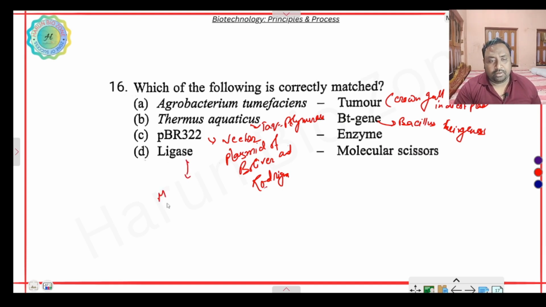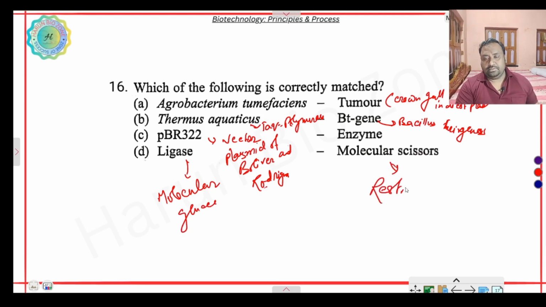Ligase is the molecular glue. Molecular scissors is a restriction endonuclease.